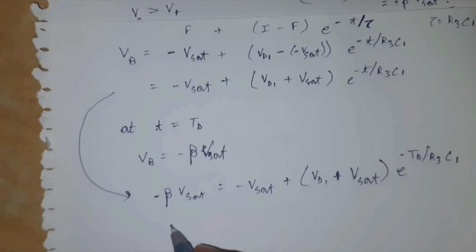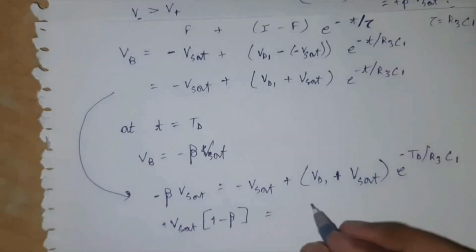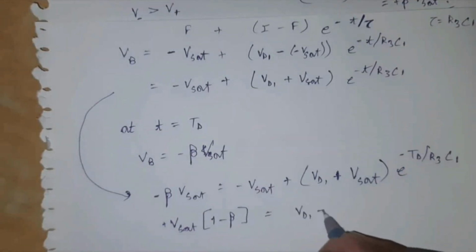So bringing this on the left side, plus V sat times 1 minus beta, this is VD1 plus.